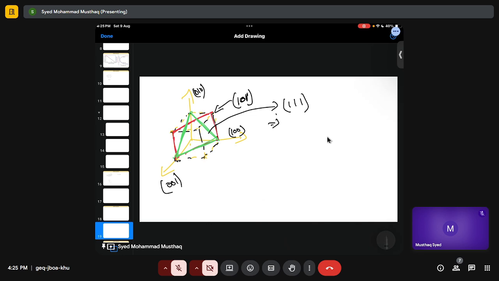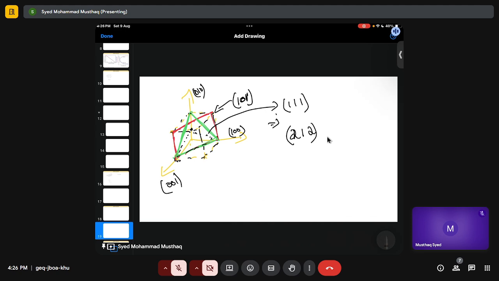Now, if this intercepts at half, for example, if it intercepts here, then everything will be 1. Each will be taken as a 2.